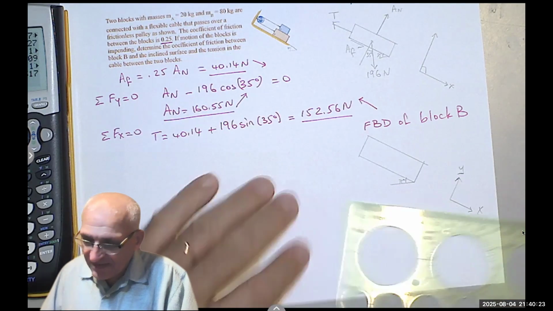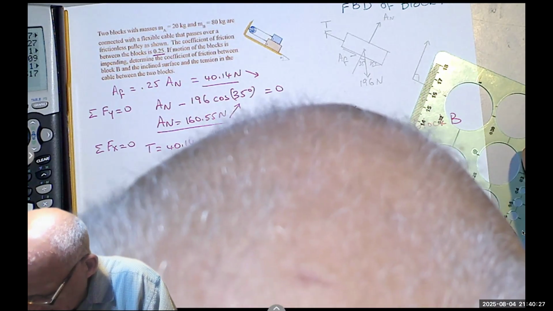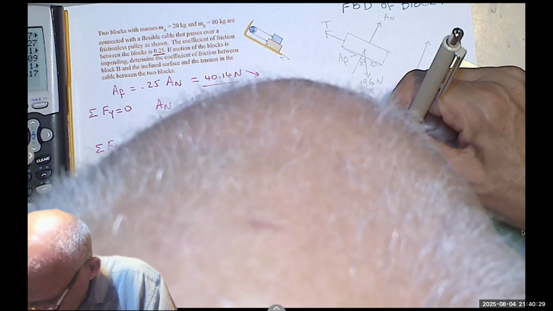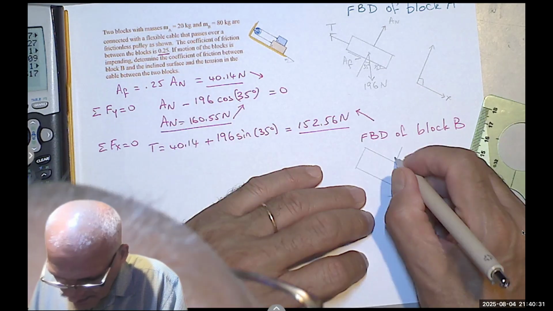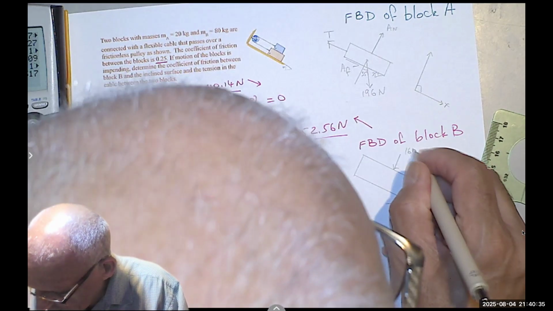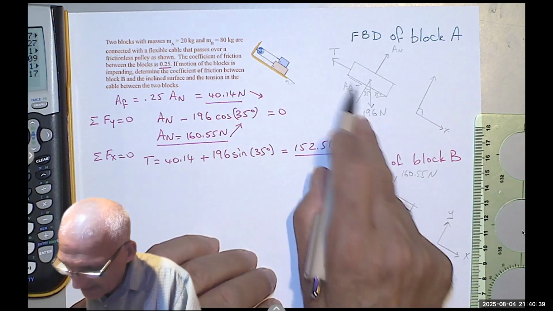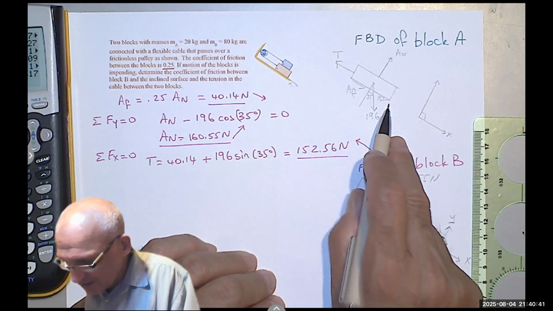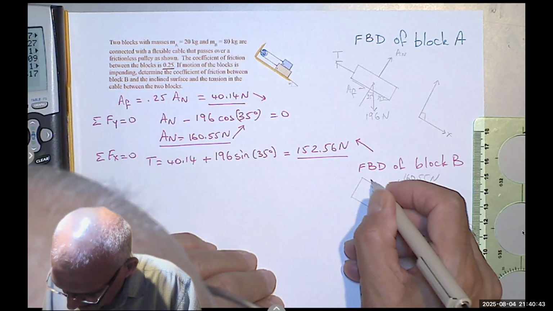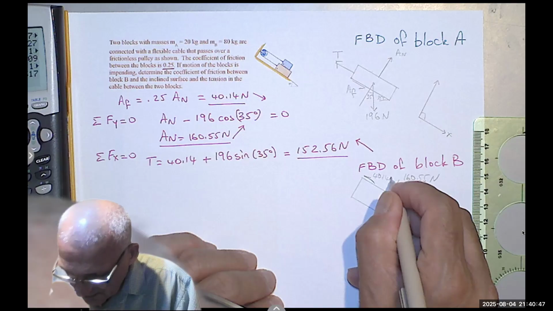The first thing we found was A sub n going up, so there is an A sub n going down here of magnitude 160.55 Newton. Then I have A sub f was going down, so here I would have A sub f going up, again 40.14 Newton.